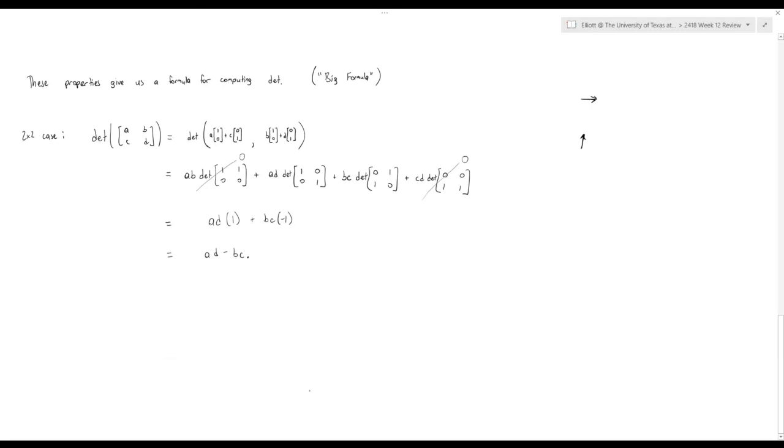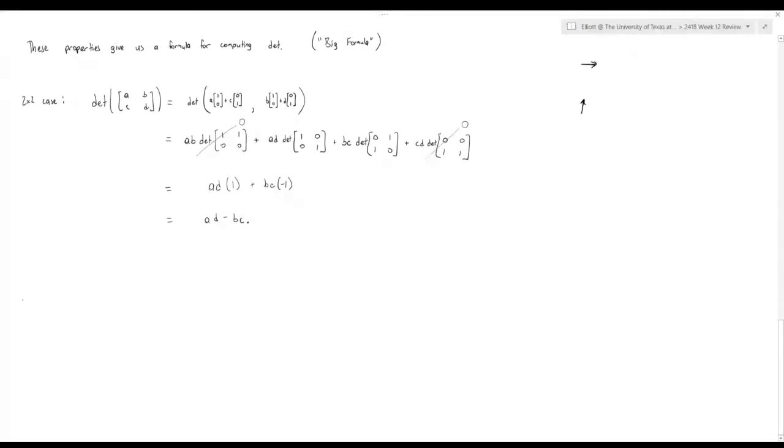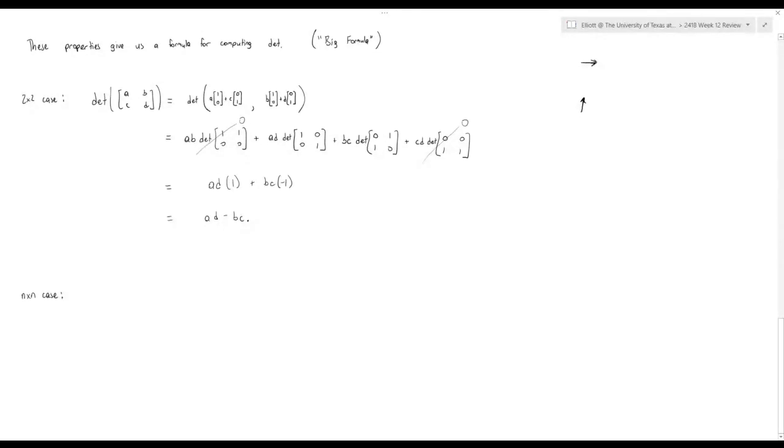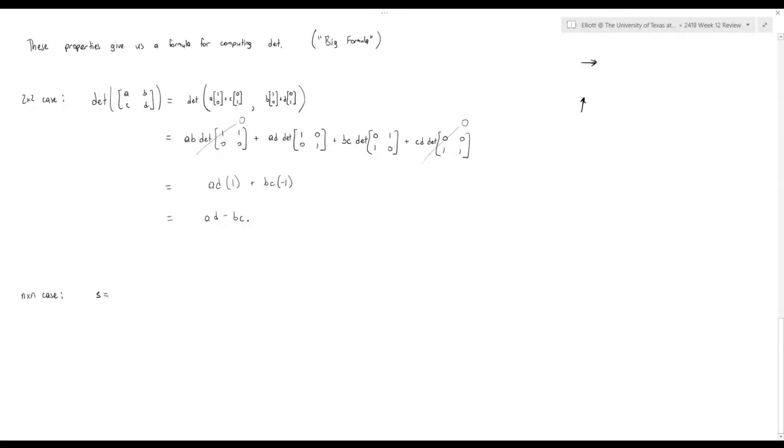So I'm not going to work out the whole process, but to give the big formula for the n by n case, I'll introduce a little bit of notation, which I'll explain because we need the notation to write out the formula. I'm going to try to use notation that at least one of the classes seem to be using.